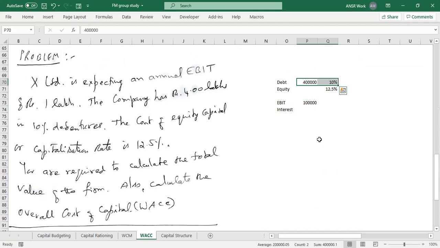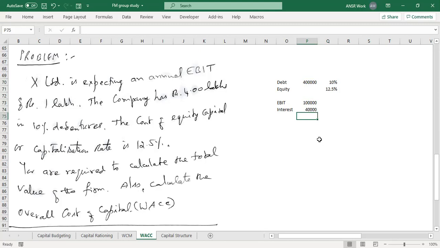You have taken a loan of 4 lakhs at the rate of 10%. What is your interest? 10% of what? 10% of 4 lakhs. So 40,000, isn't it?